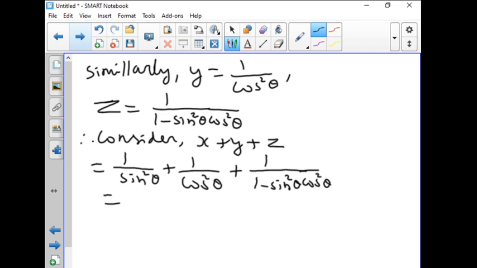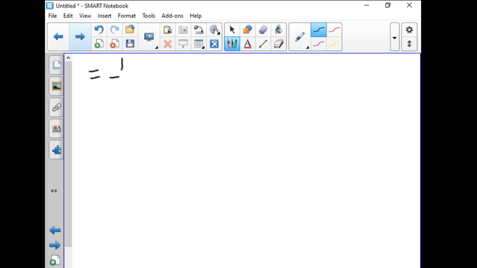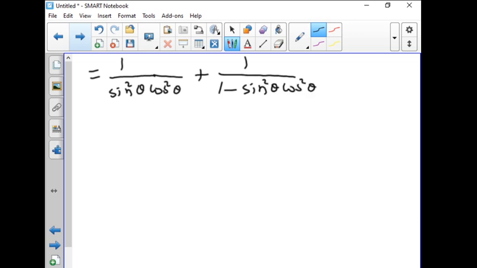So take the first two terms. The LCM is sin square theta into cos square theta. Therefore this is cos square theta plus sin square theta, plus 1 by 1 minus sin square theta into cos square theta. So now what is the numerator? Numerator is 1. So 1 by sin square theta cos square theta plus 1 by 1 minus sin square theta cos square theta.